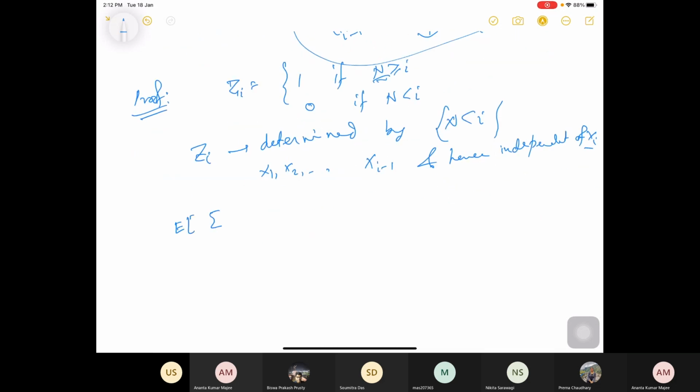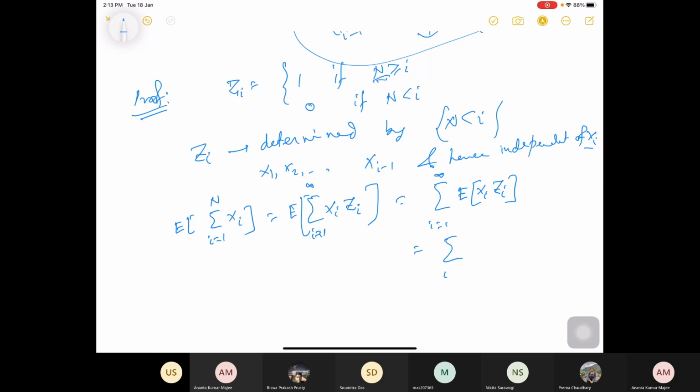Now I will try to use this. I want to show these things, so I can write this as the expectation of the summation over i equal to 1 to infinity of Xi Zi, because for N greater or equal to i this is 1, and for N less than i this is 0. Now this is the summation over i of the expectation of Xi Zi, and now Xi and Zi are independent.